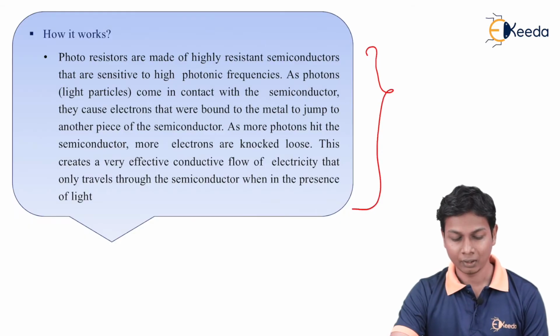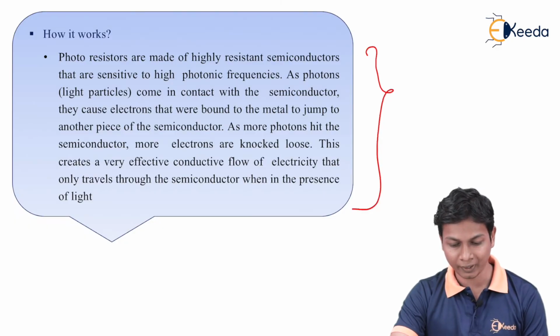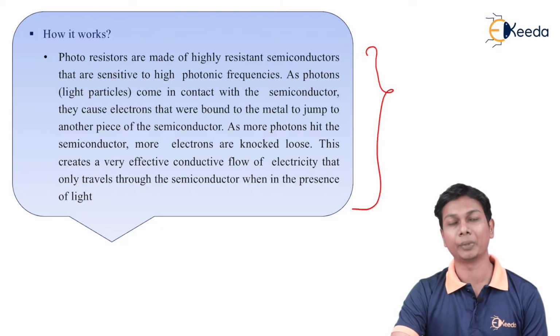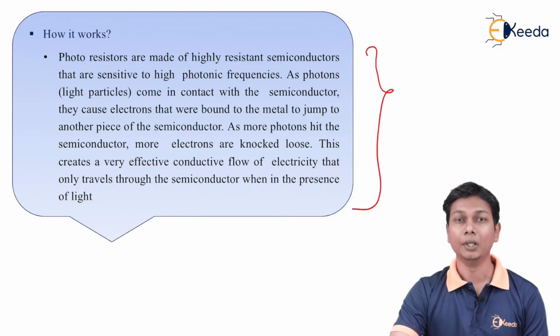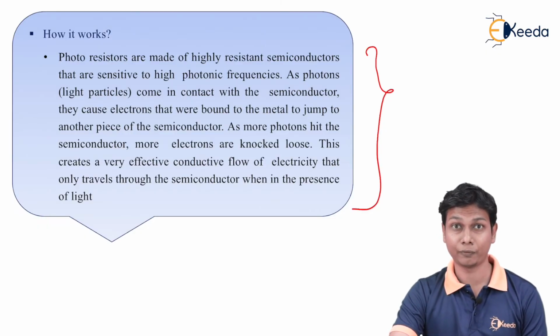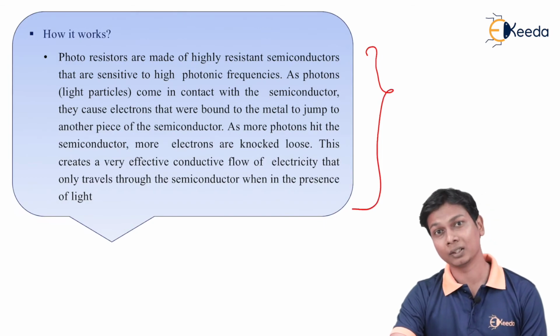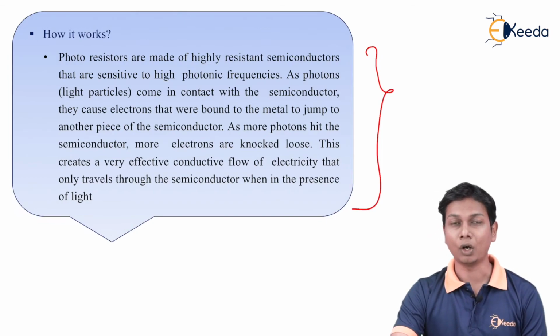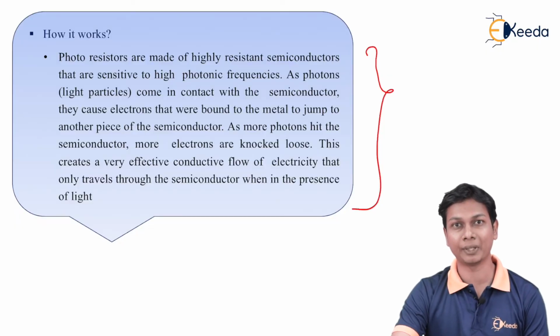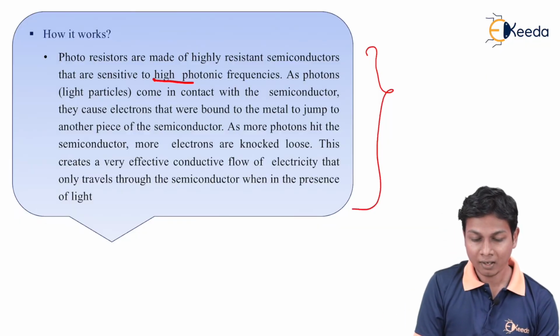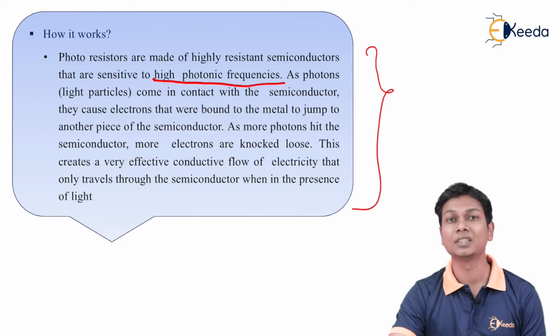This creates a very effective conductive flow of electricity, and that only travels through the semiconductor in the presence of light. So the jump of electrons from one semiconductor to another happens only when light is present. Why does it happen? Because it has a high photonic frequency, meaning it is very sensitive to light.